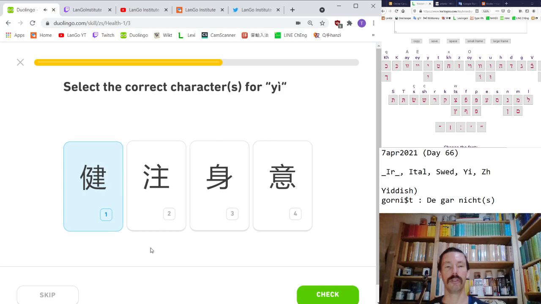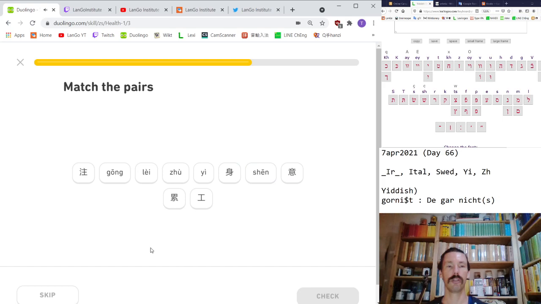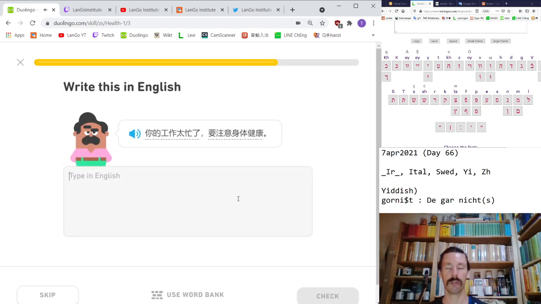健 住 for 身 意 公益. 你的工作太忙了，要注意身体健康。 Your work is too busy. Your job is too busy. 要注意身体健康。Take care of your health.